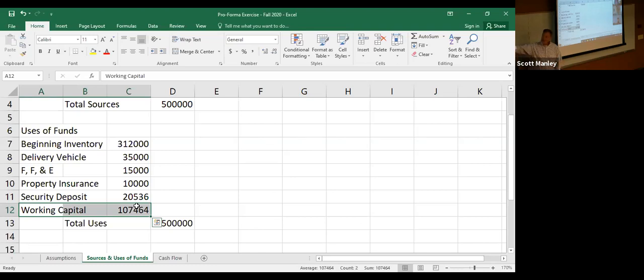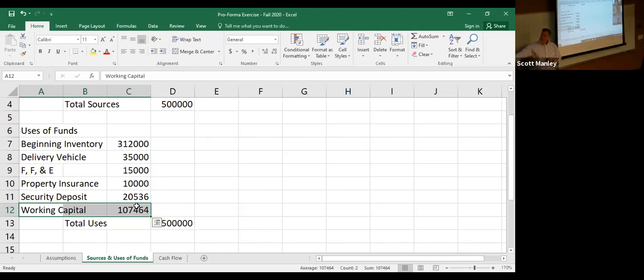And since we're talking about a sources and uses of funds, we're not talking about the balance sheet, which is where you would find current assets and current liabilities. Just know that this working capital that I've got highlighted right here is not the same as the working capital that we talked about in Chapter 8 when we were discussing financial ratios and managing your business, okay? It's just a catch-all term in this case.